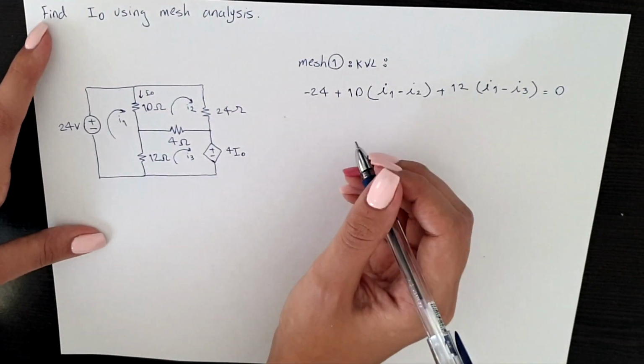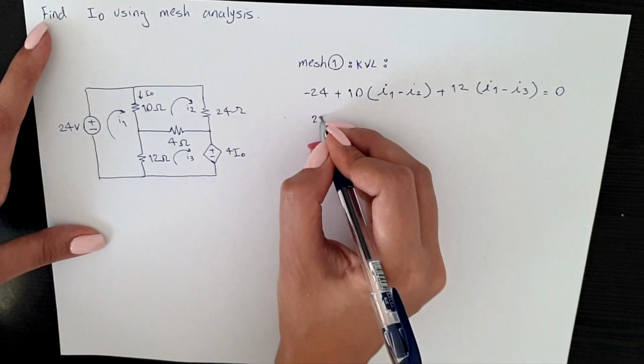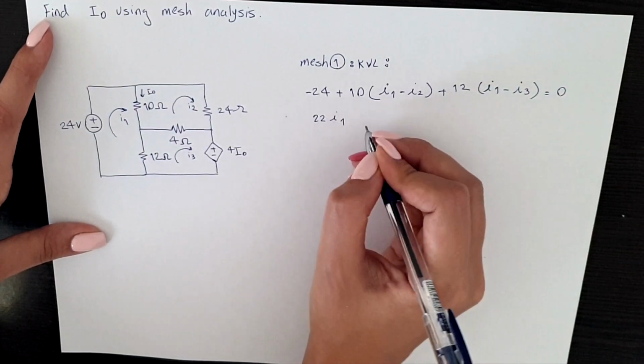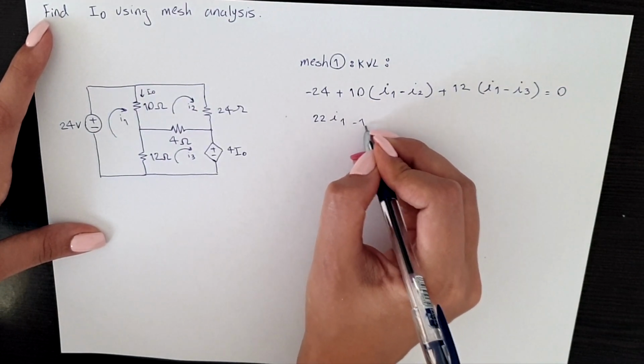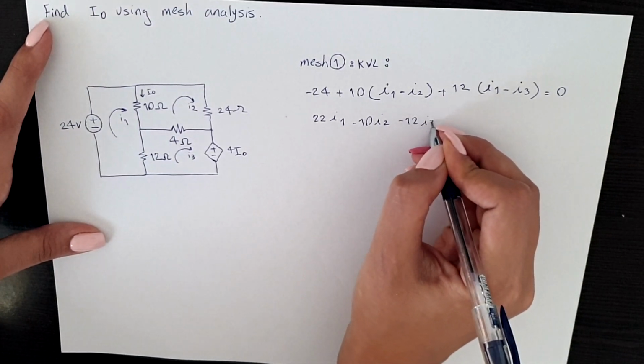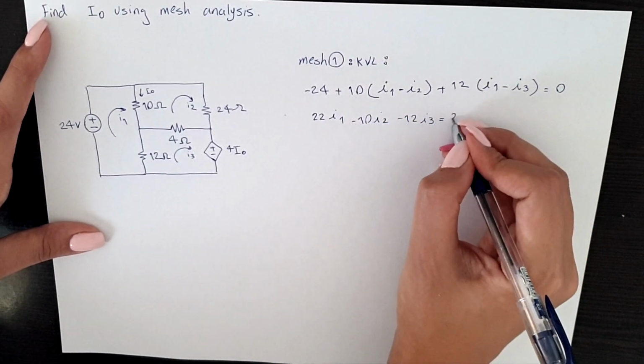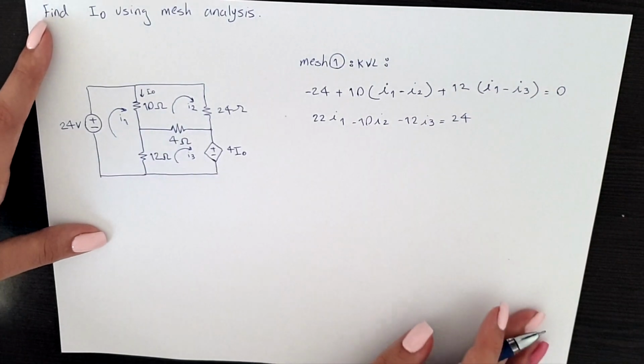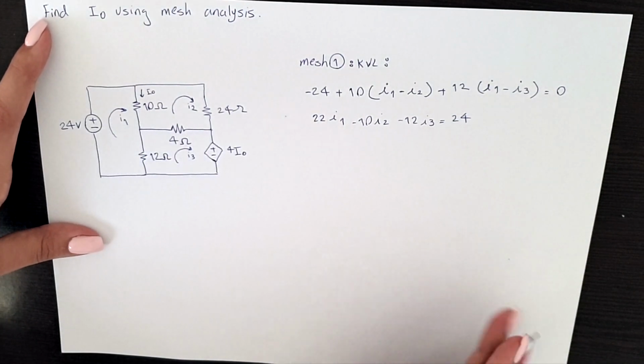So if we simplify this equation, we get 22I1 minus 10I2 minus 12I3 is equal to 24. Minus 24 goes to the other side, and it becomes 24.